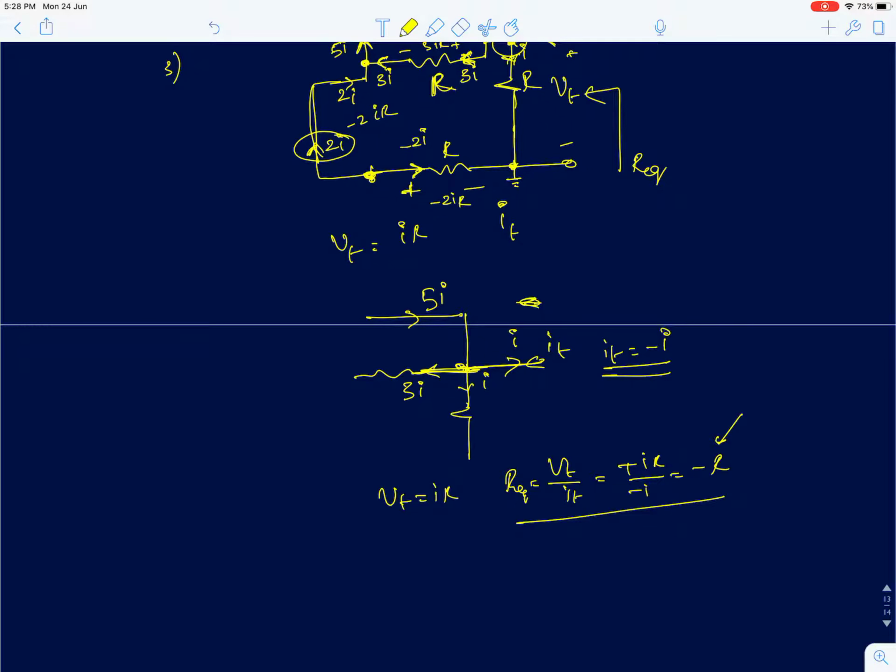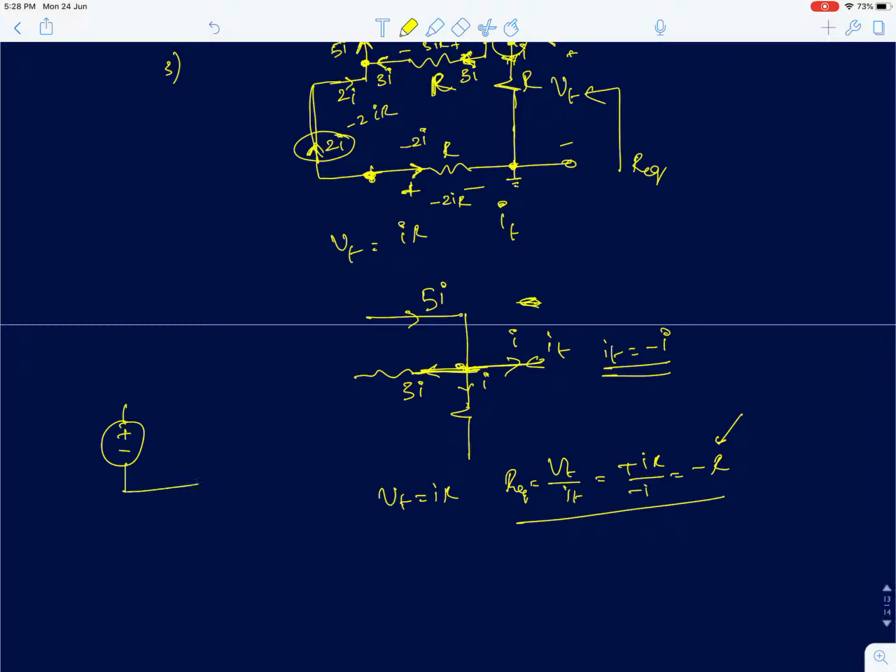You should remember that in reality you don't find negative resistances. You need to do something additional to get a negative resistance. You don't normally find resistors which are of negative value. A negative resistance means that the resistor is able to deliver power.